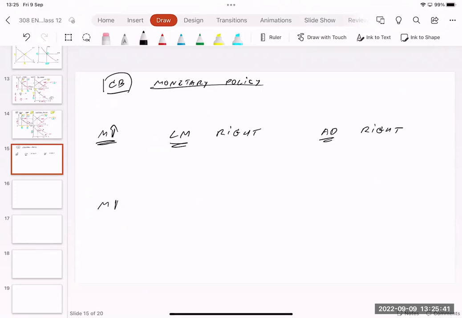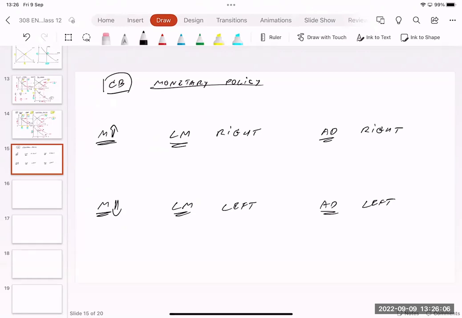If the central bank lowers M, reducing the nominal money supply, or reducing the amount of money in the economy, the LM curve will shift to the left, and the aggregate demand curve also shifts to the left. This is what you learn from here. Okay, so far so good.